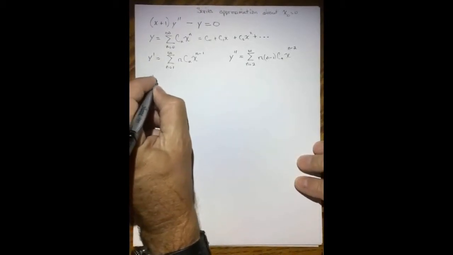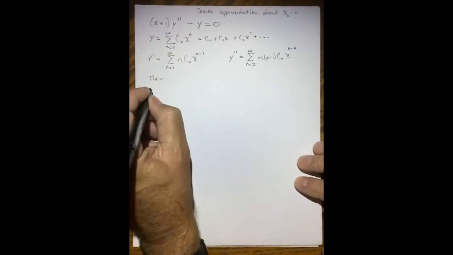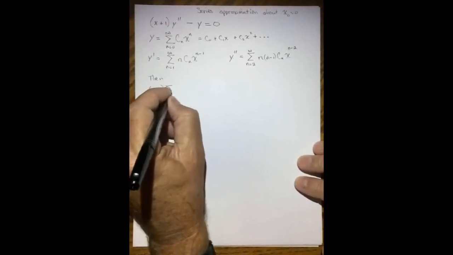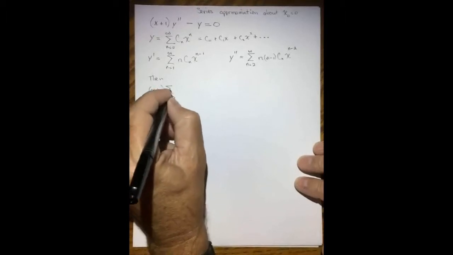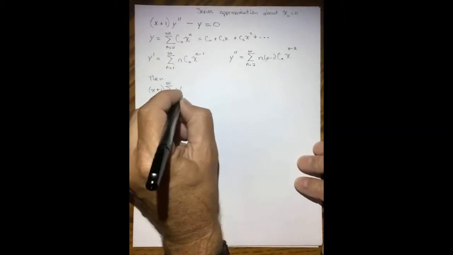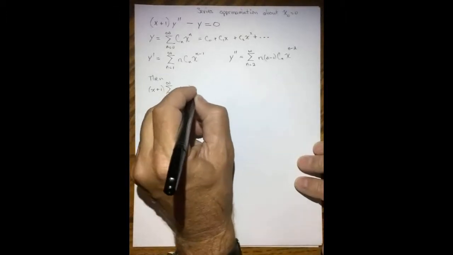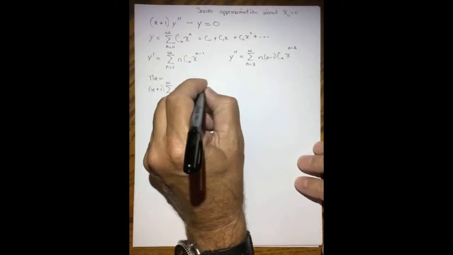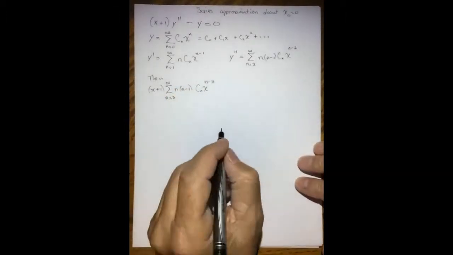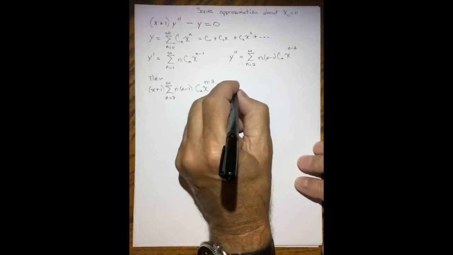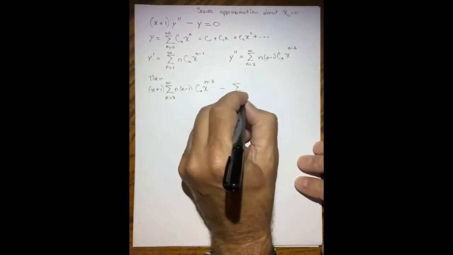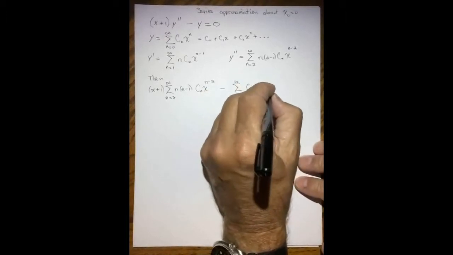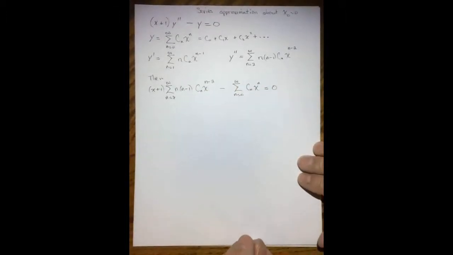So then we'll get x plus 1 times the sum n equals 2 to infinity n times n minus 1, c sub n x to the power n minus 2, minus the sum n equals 0 to infinity c sub n x to the power of n, and all of that equals 0.